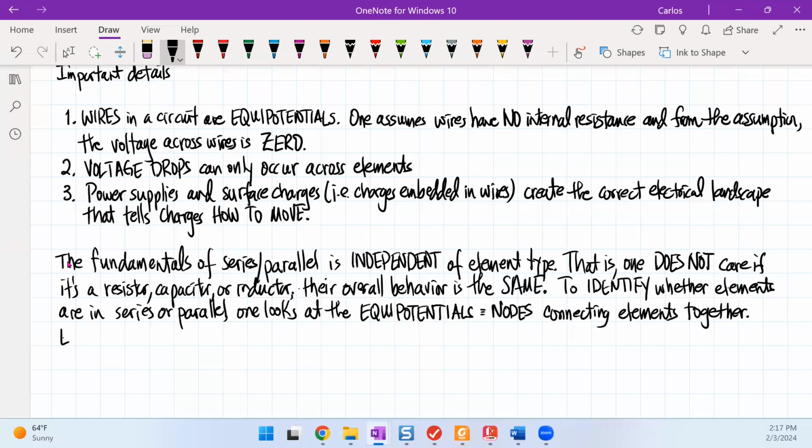So effectively, series and parallel configurations do the following.